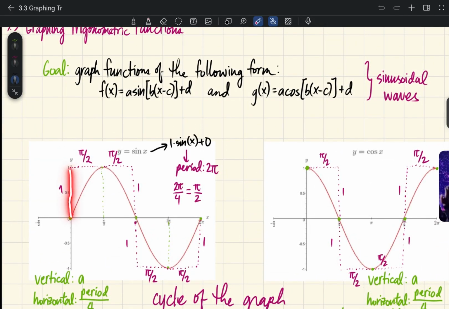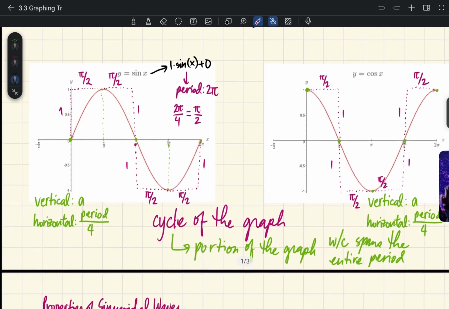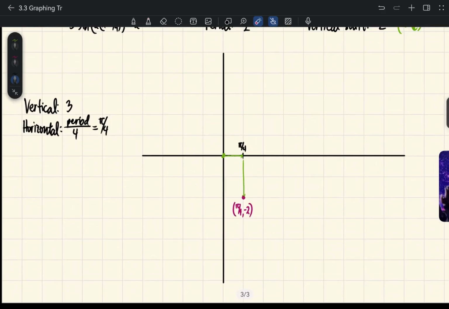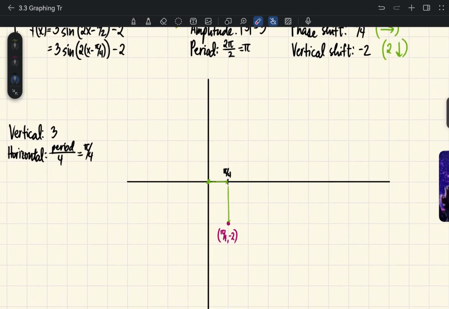So we will follow this snake-like pattern right here. So that means starting with pi over 4, comma, negative 2, what we have to do is move 3 units vertically. So we move, maybe I can add another color.